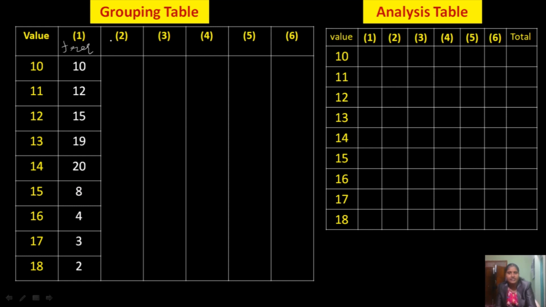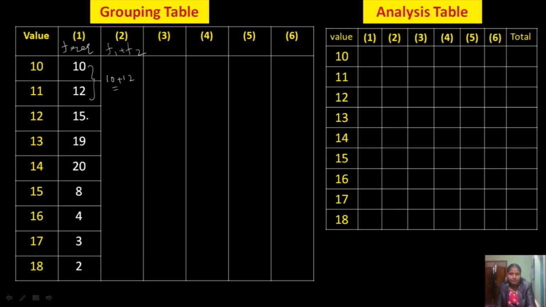So under second column, you just add the frequencies in twos. That is F1 plus F2. That is, this is the first frequency, second, third frequency, fourth frequency. So I use the suffix F1 plus F2 to denote the first and second frequencies. So you have to add first and second frequencies, that is 10 plus 12. While writing the value of 10 plus 12, you write it in the center of 10 and 12 like this.